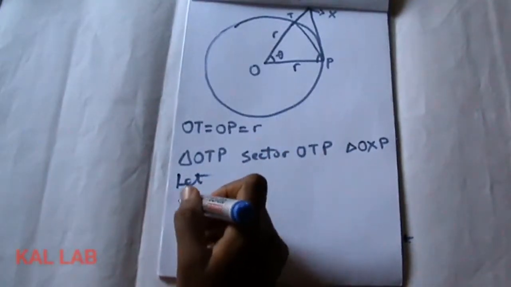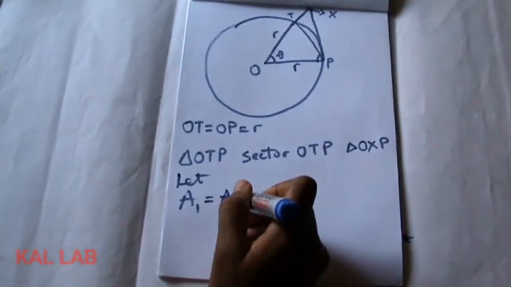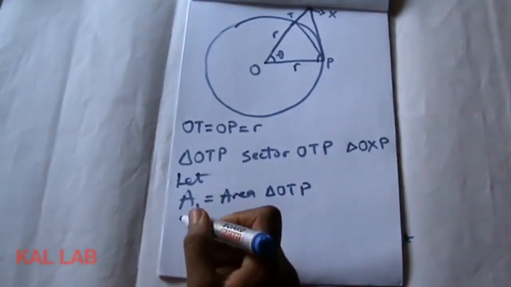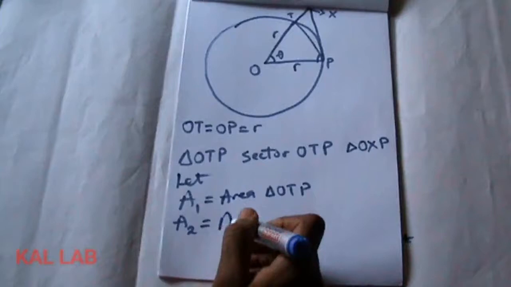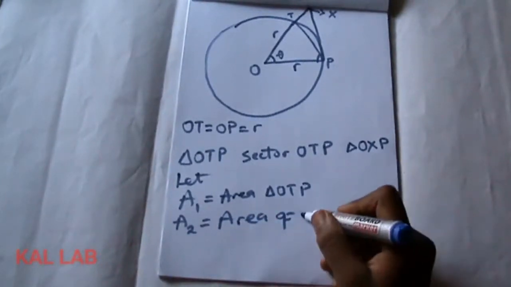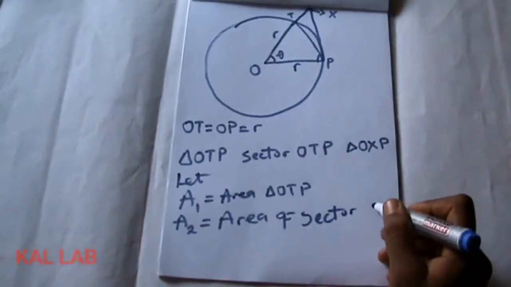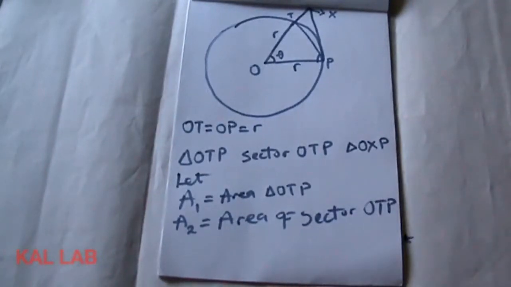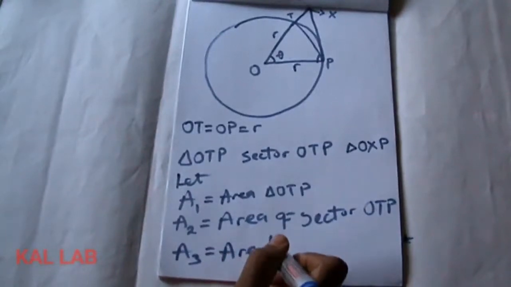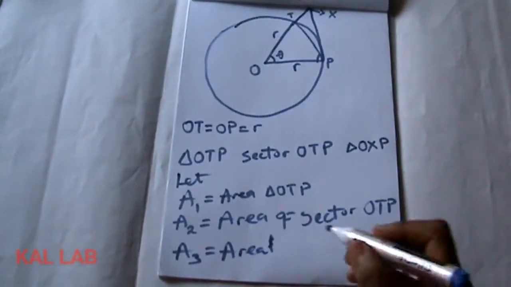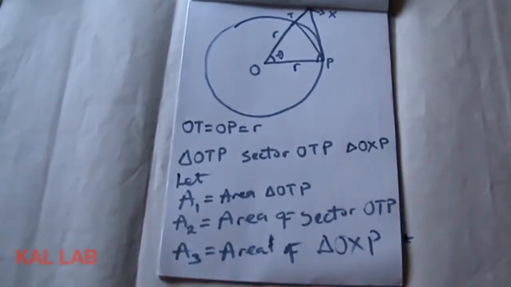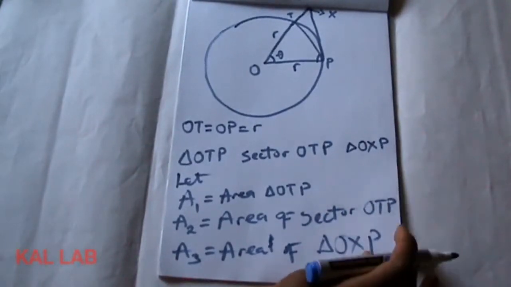Let A1 be the area of triangle OTP, let A2 be the area of sector OTP, and let A3 be the area of triangle OXP.